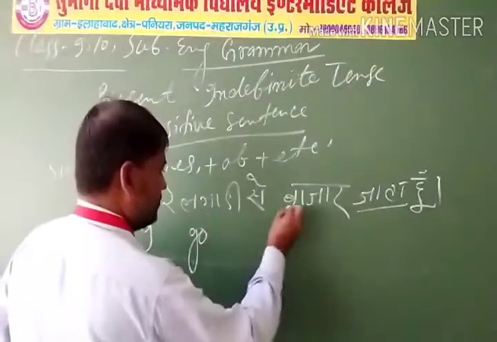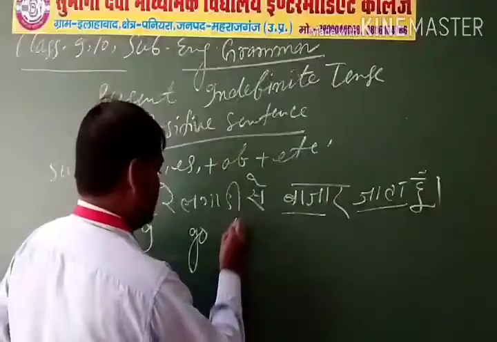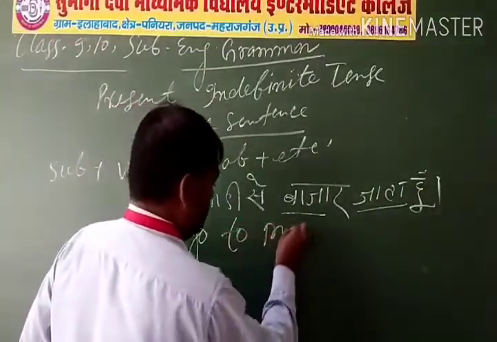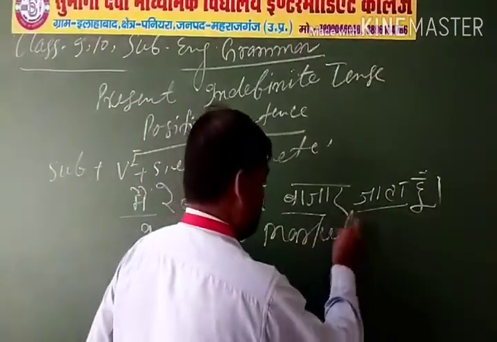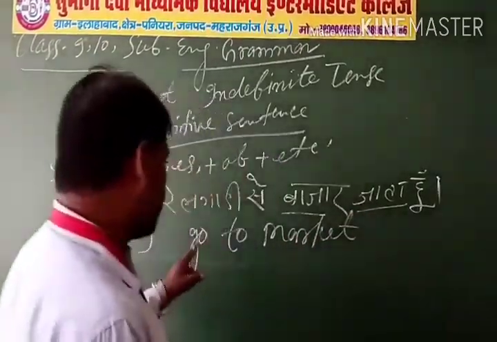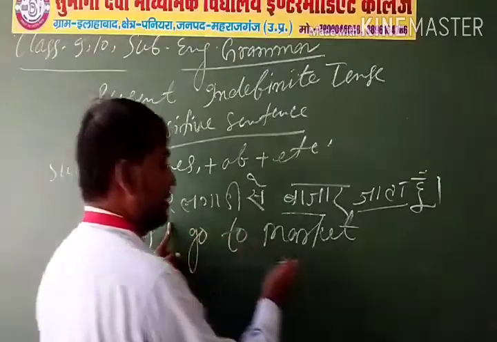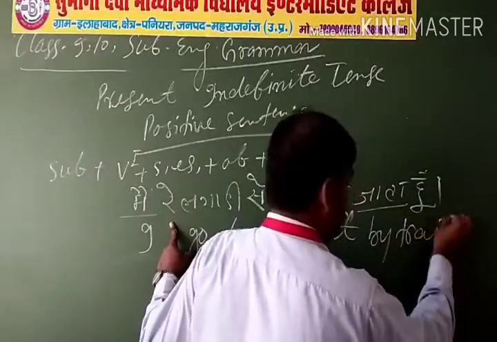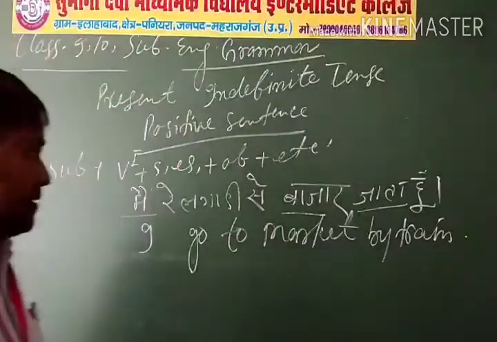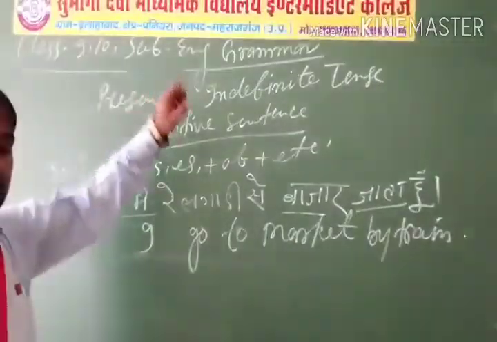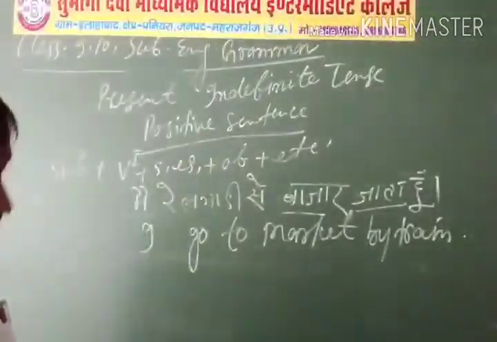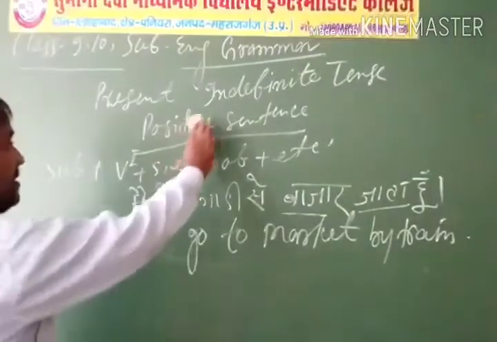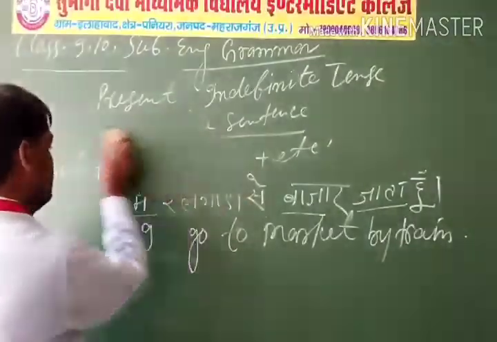And after that, object. And after then, other words, rail gadi, by train. So in this way we have to solve present indefinite tense positive sentence, and after that present indefinite tense negative sentence.